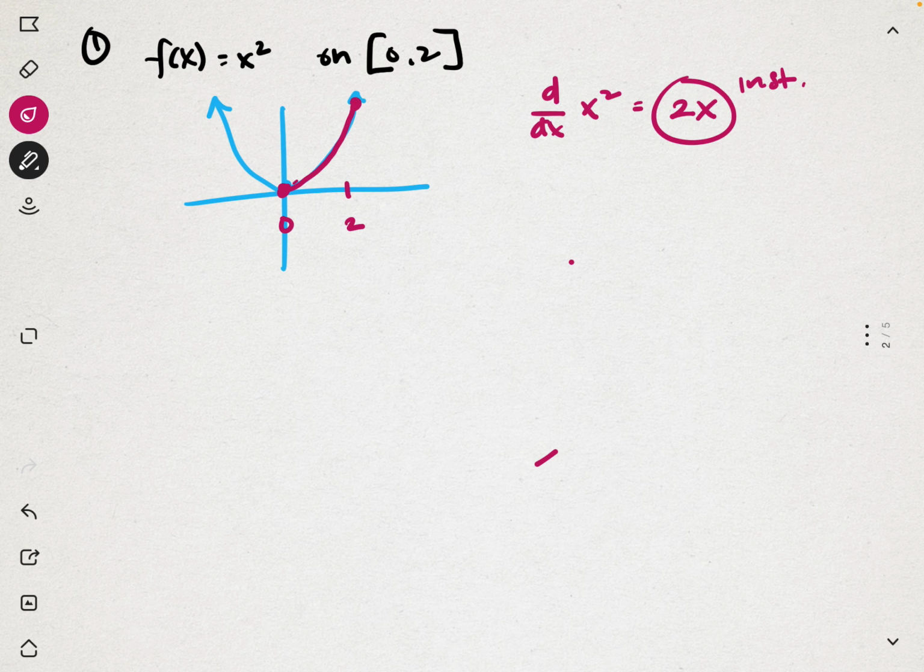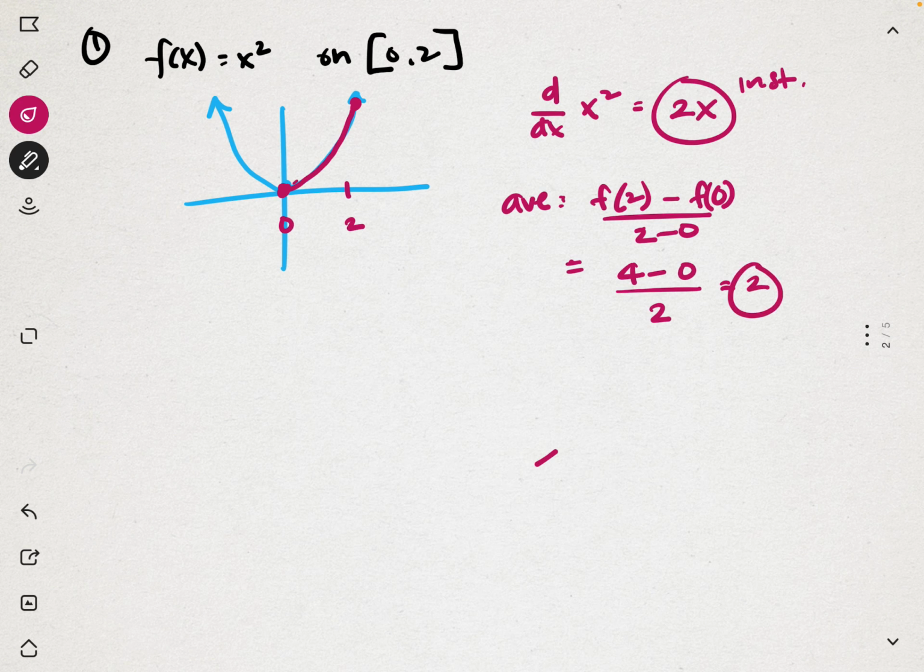The average rate of change from 0 to 2 is f of 2 minus f of 0 over 2 minus 0. The value at 2 is 2 squared, 4, minus 0 squared, which is 0, over 2, which is equal to 2.